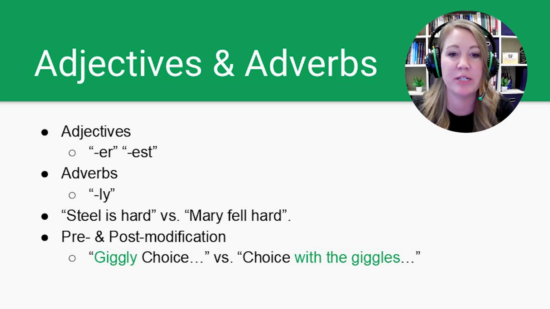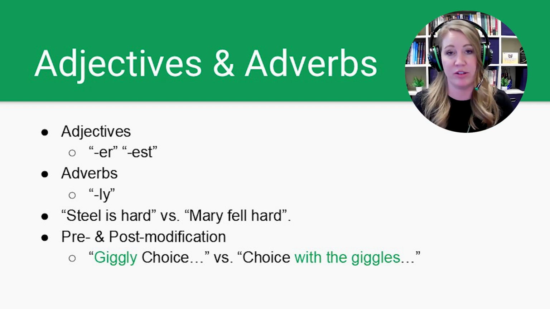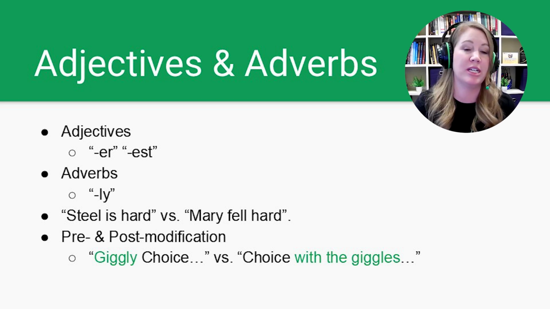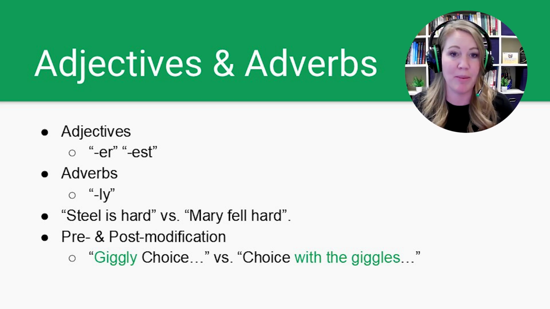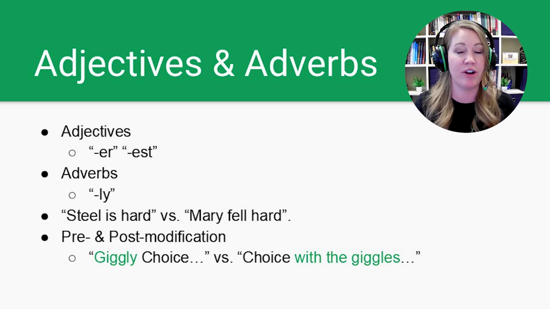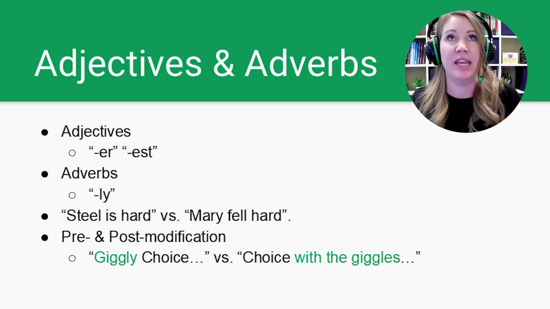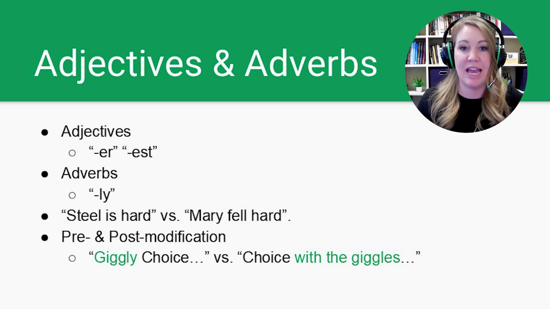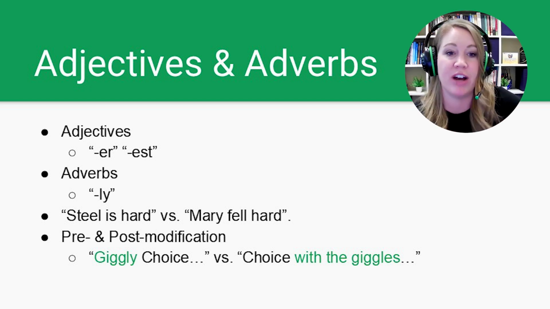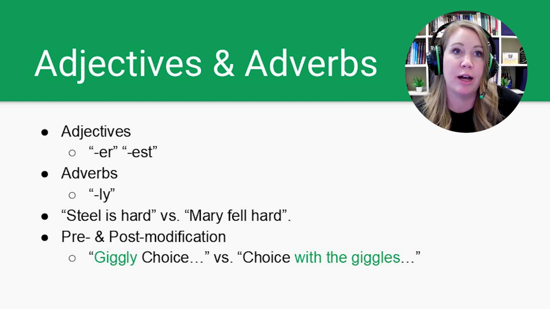So in terms of modification, you can include as many modifiers as you want. And remember what I mentioned just minutes ago about pre and post modification for adjectives? Well, this applies to modifiers in general. So for instance, in giggly choice, the adjective giggly pre-modifies choice, right?